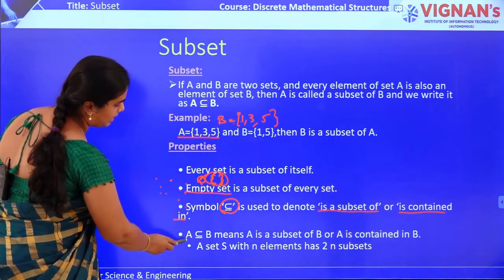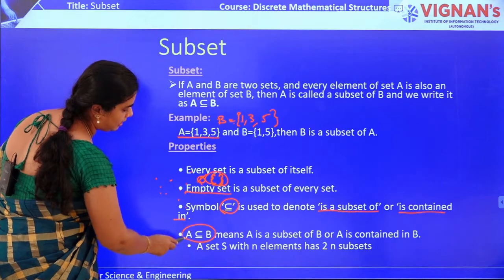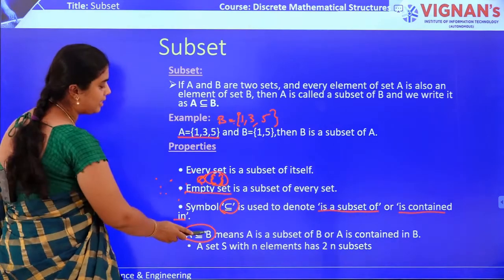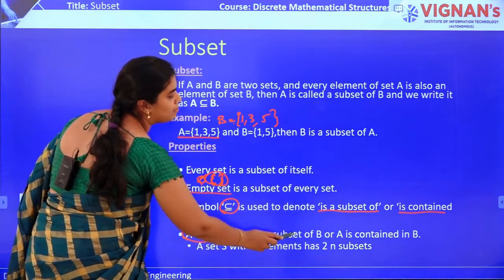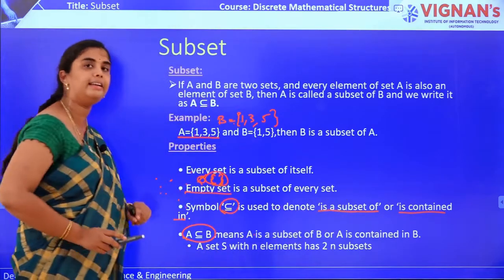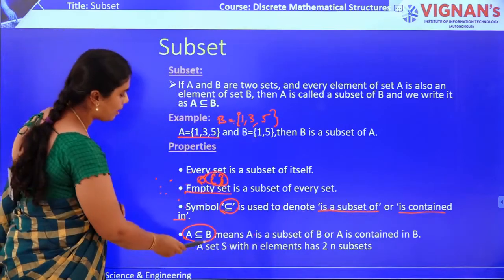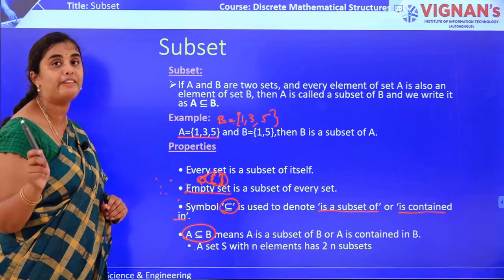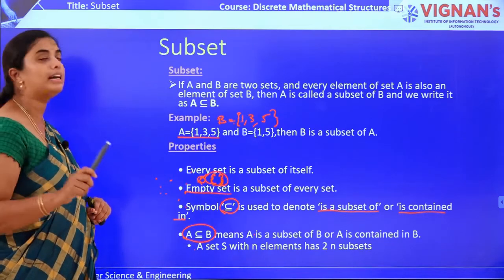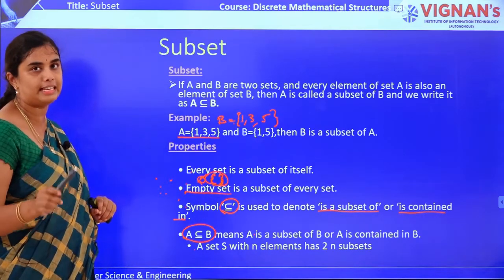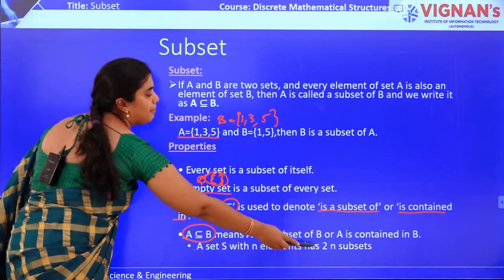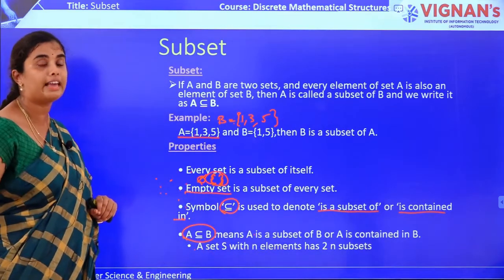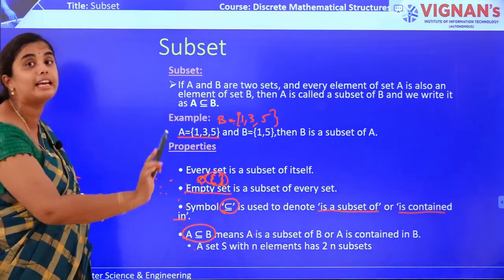As I already said, if this symbol is given, it means that A is a subset of B, or A is contained in B. Got it? Now coming to the last property, which is very important for competitive examinations, because this is a very important formula which is asked in almost every examination. This is like a base formula.